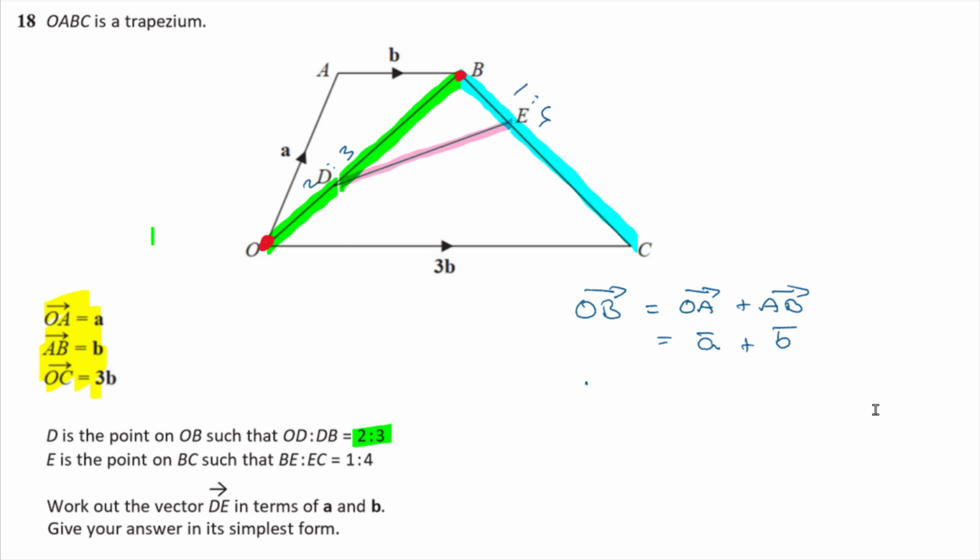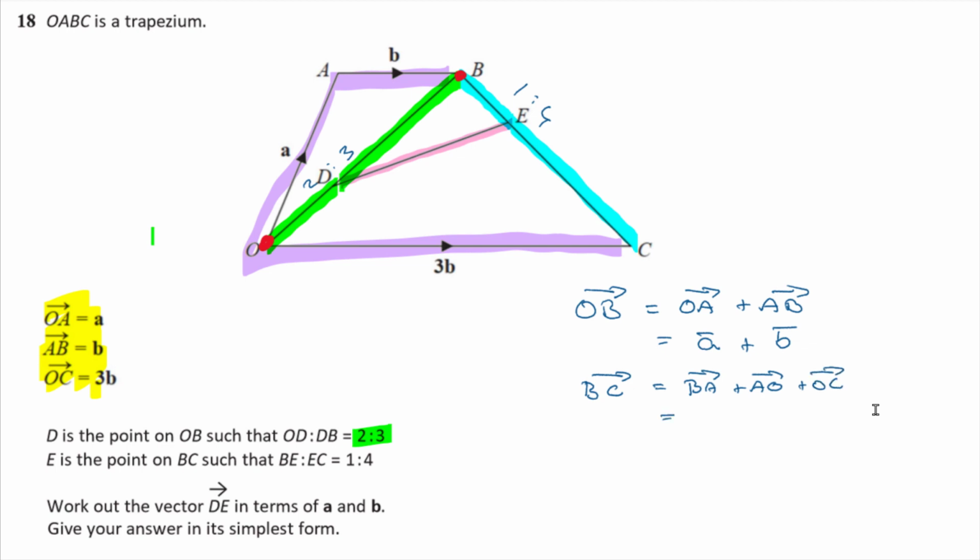I just want to express B to C as a vector. Now I can get all the way around from B to C as well via lines I know about. I can go back this way, down here and along here, can't I? Okay, so what's that then? That is B to C. I can say I go from B to A, then A to O, and then from O to C, can't I? That will take me there.